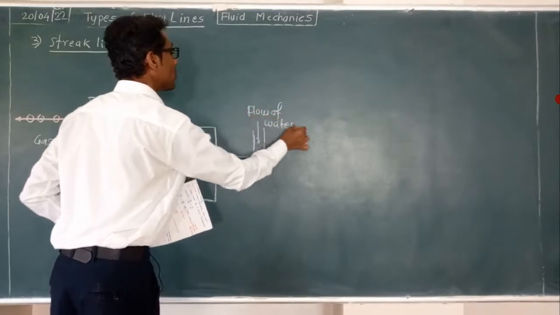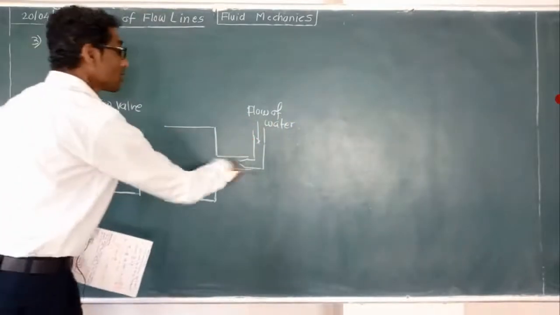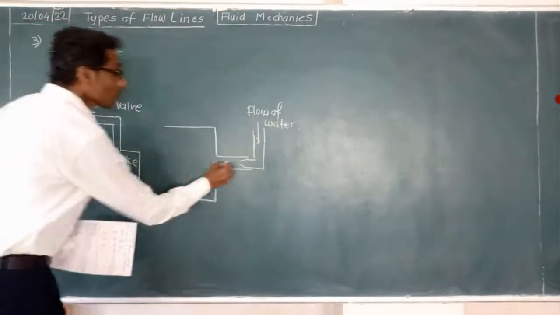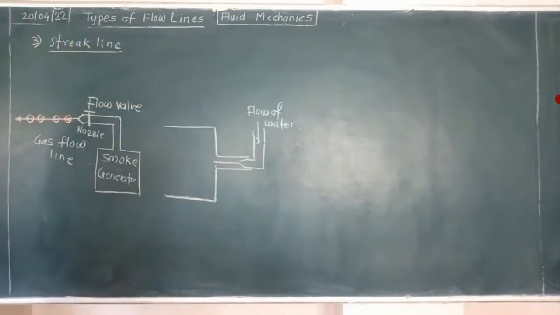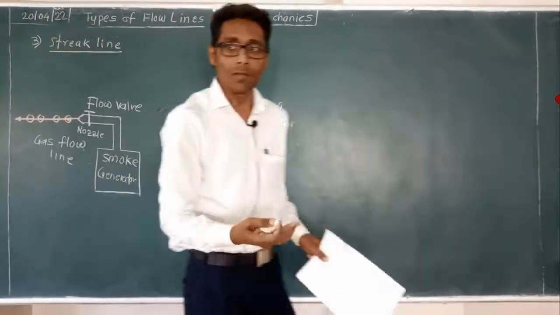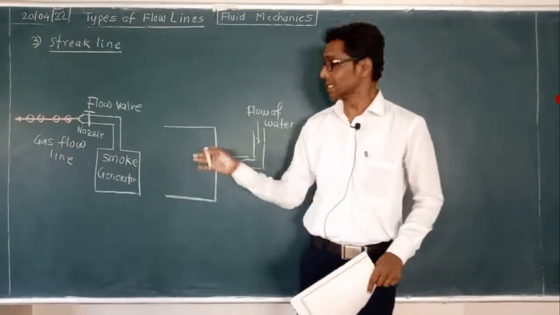This is what we are going to do in the practical also. I will show it there in the lab. Okay, this is the flow of water. See, this water is flowing, but we can't see it because water is colorless. How the water is flowing, we don't see.